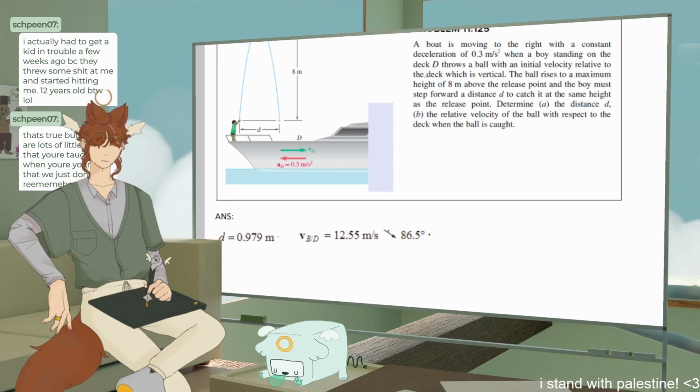So we need to find the initial velocity of the ball. Oh, okay. Oh, is this like... This might be a constraints problem, actually. Oh, I just moved my contact out of my eye.